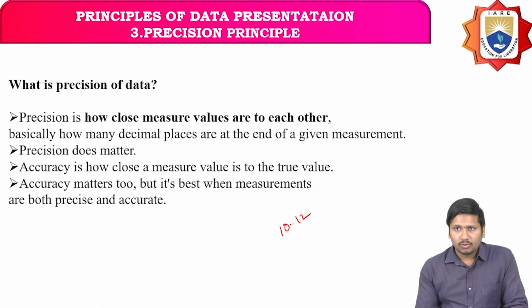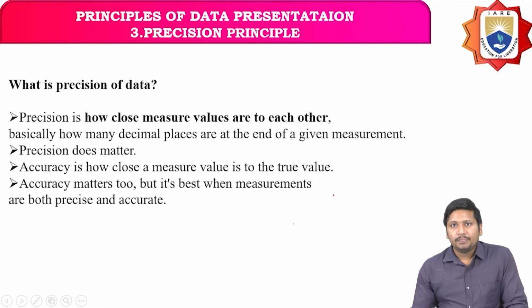Should it be rounded off to 10, or to 10.1, or kept as 10.12 only? That is what has to be identified as the precision.